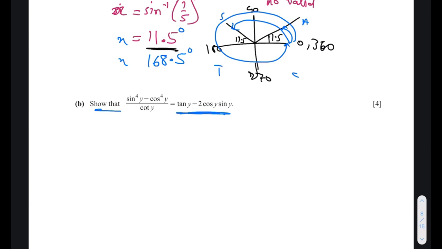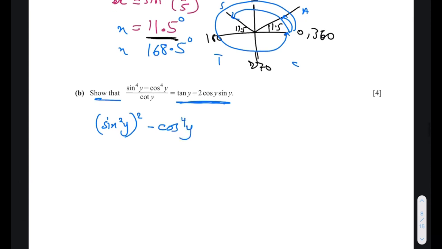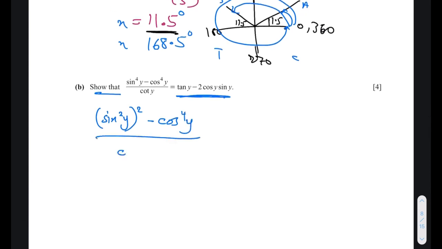So let's see, what if we do sine square y all squared, and then minus cos, let me keep it this way and see something over cot. This is quite interesting.